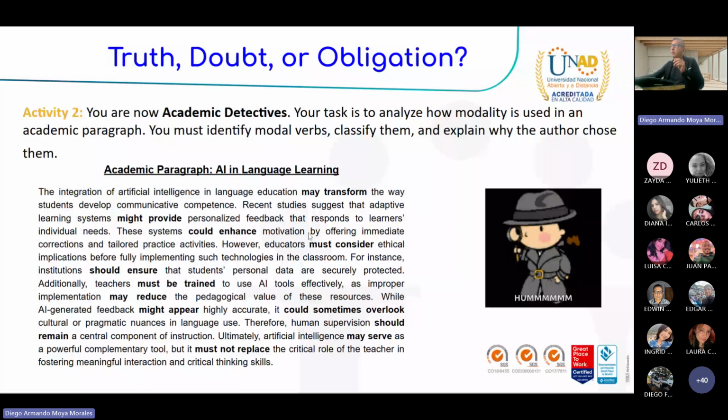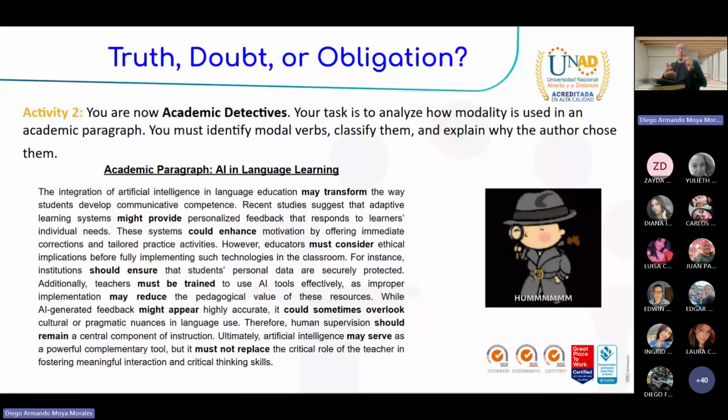That is very clear for all of us. Recent studies suggest that adaptive learning systems might provide personalized feedback that responds to learners' individual needs. That's very true, what the AI does. These systems could enhance motivation by offering immediate corrections and tailored practice activities.